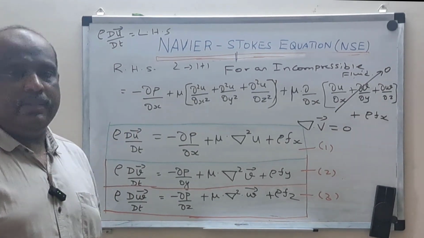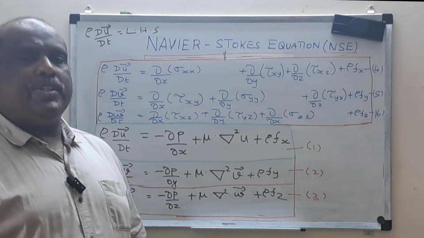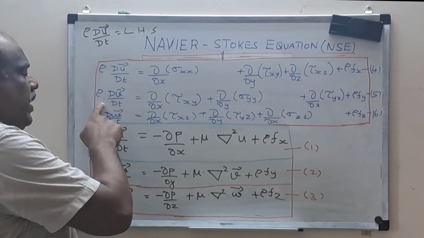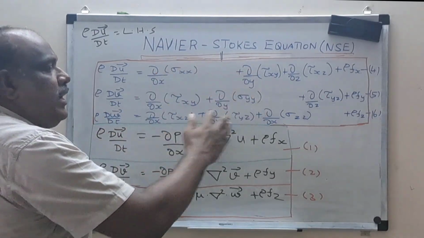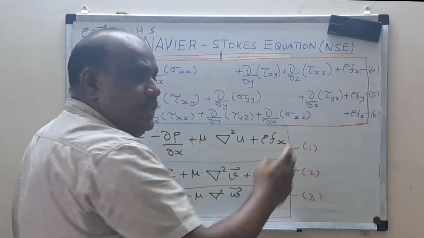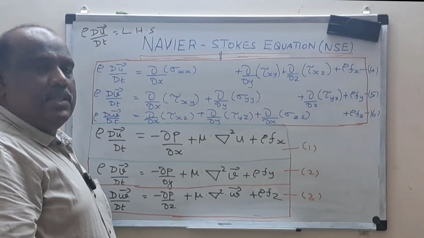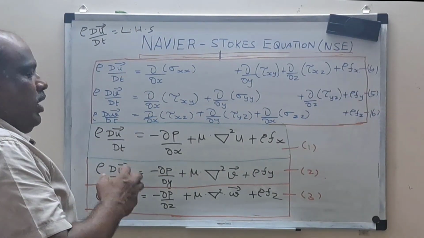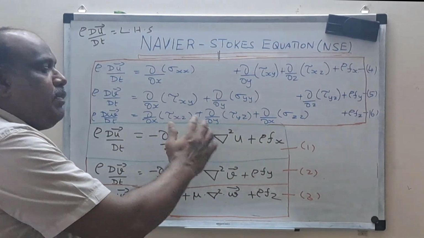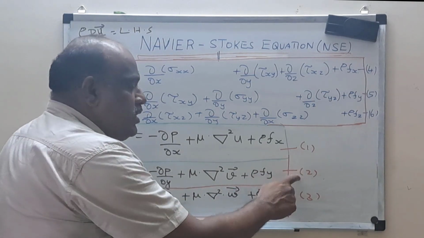So we will proceed further. And dear students, in the previous session we had derived the momentum equations of x, y and z for a general fluid, whether it's compressible or incompressible, by equation numbers 4, 5, 6. In this session, just now we have derived the what? The x momentum, y momentum and z momentum for an incompressible fluid represented by equations 1, 2 and 3.